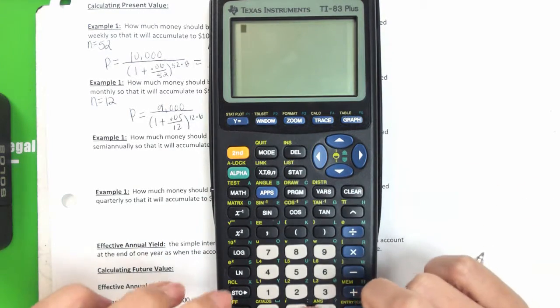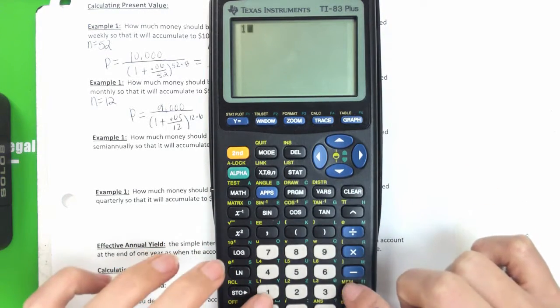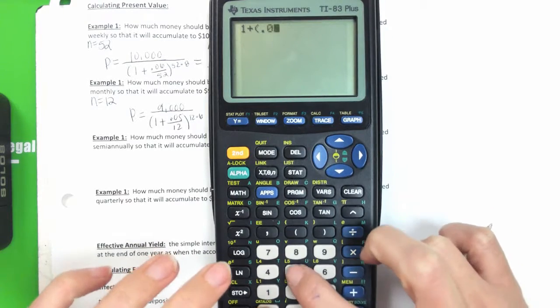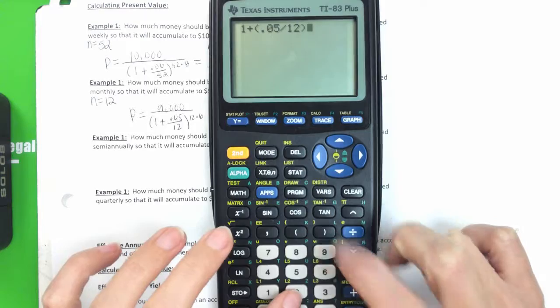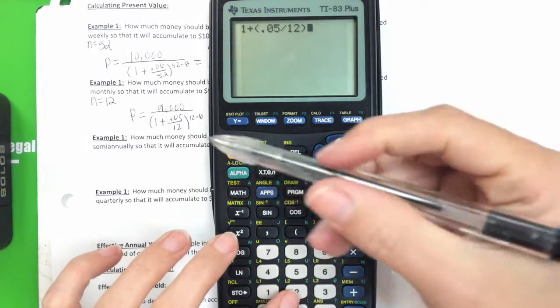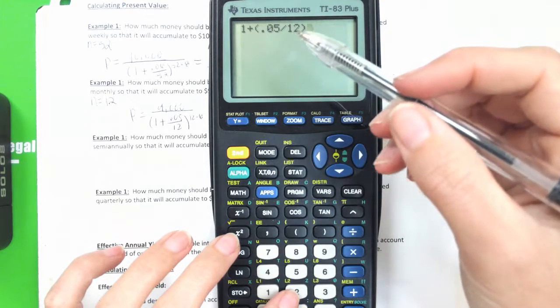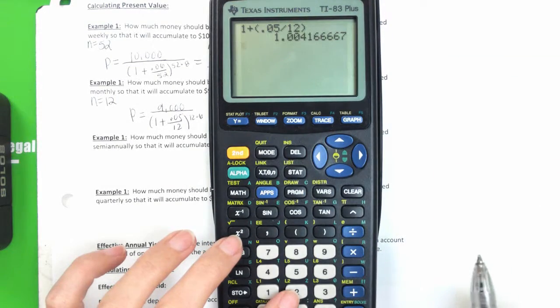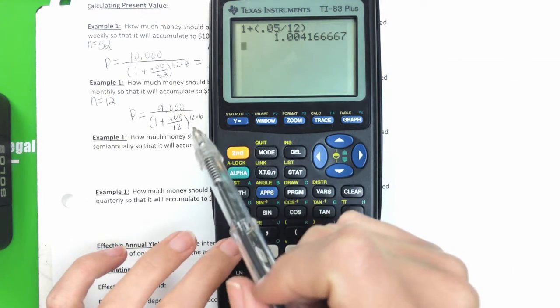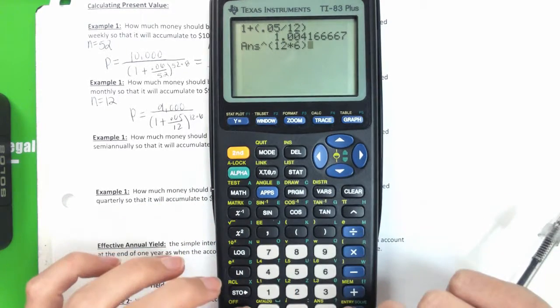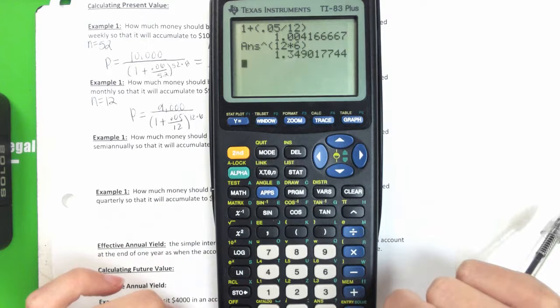So I'm going to do, in parentheses, I could do 1 plus 0.05 divided by 12. So that's this portion right here, 1 plus 0.05 divided by 12. Just make sure you put that in parentheses, enter. And then I can go ahead and raise it to the power of 12 times 6.